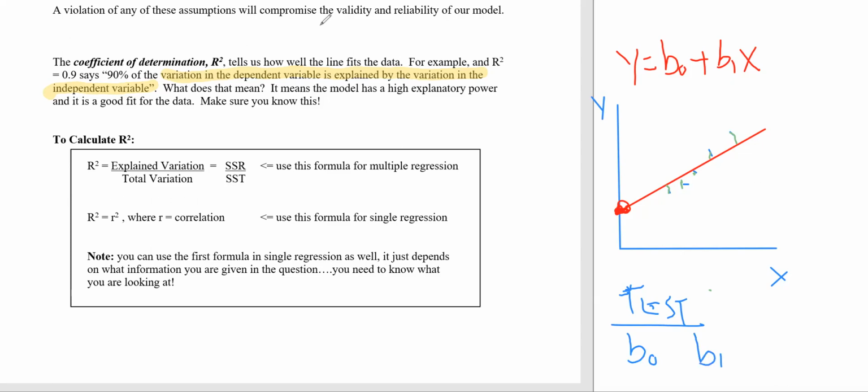So in order to test the statistical significance of these, we're going to do an F test. And as a matter of fact, we're also going to do a T test. Okay, so I'm going to show you both of them right there. So we will go through that F test as well.